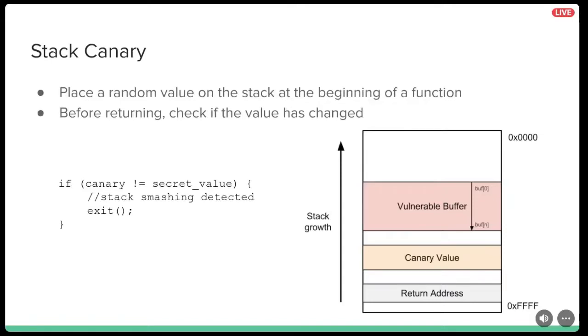If you just overwrote the canary with padding, like we've done in the past, it obviously won't match the secret value we set. So we know someone is modifying things where they shouldn't be, and you can react accordingly. You could just exit, or throw an error. So that's a very simple solution, the stack canary, but it can be overcome.